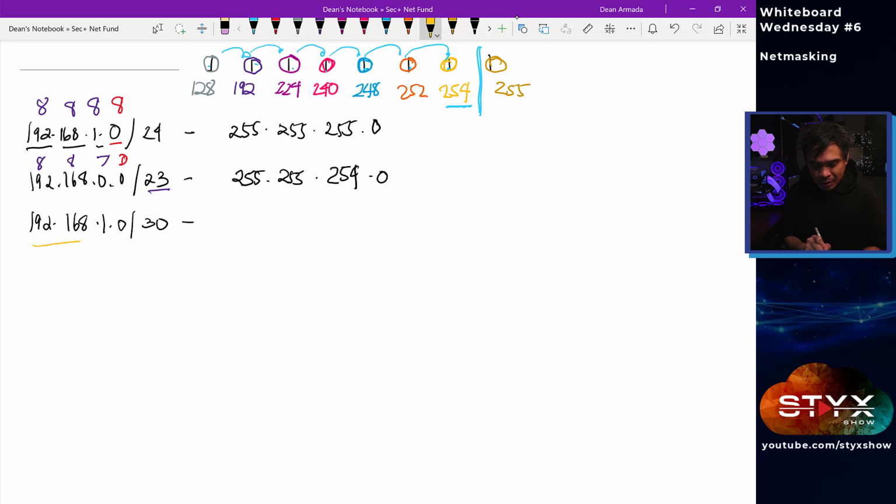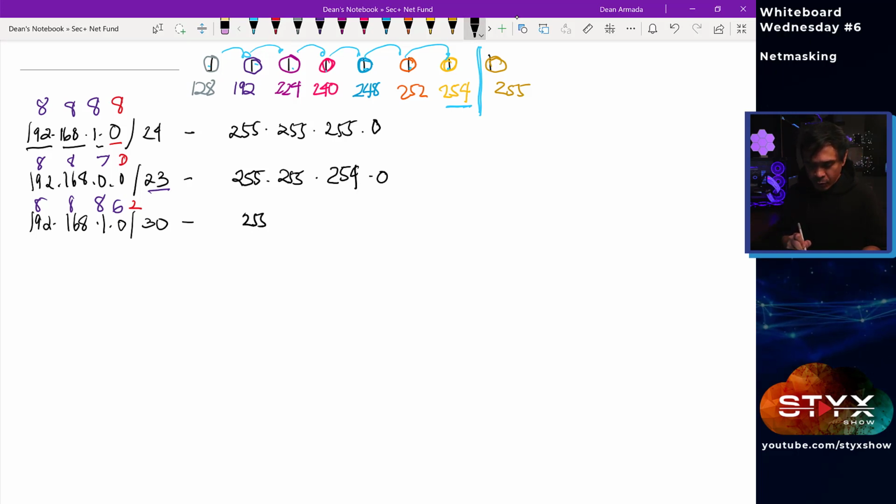Now for the third example, the third network, 192.168.1.0/30, let's convert this. So this is 8, this is 8, this is 8. So 8 plus 8 plus 8 is 24. And then we borrowed 6. This side is 6, and only 2 is the host side. Point is, we have 30 bits set to all ones.